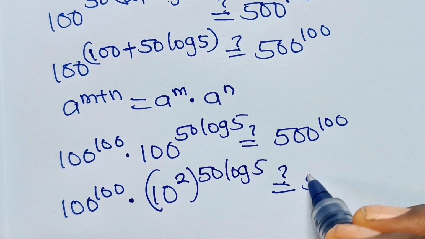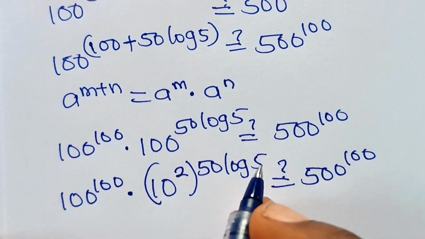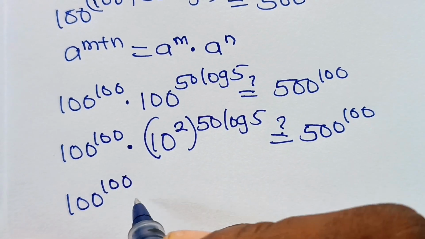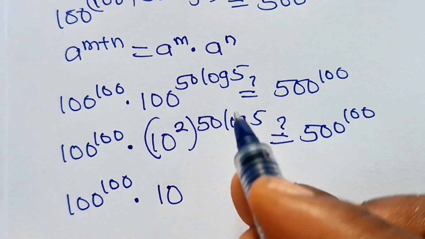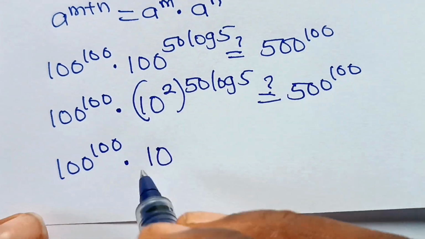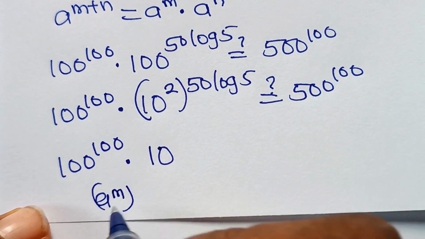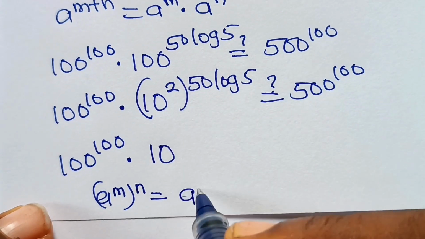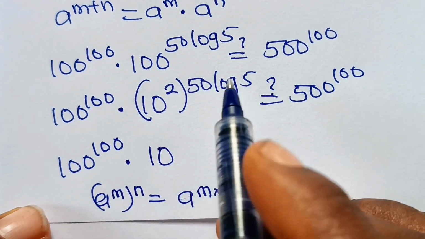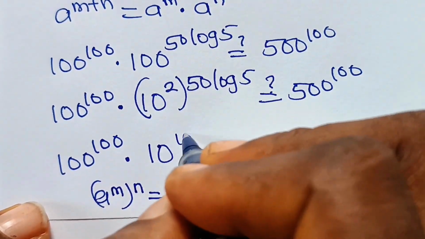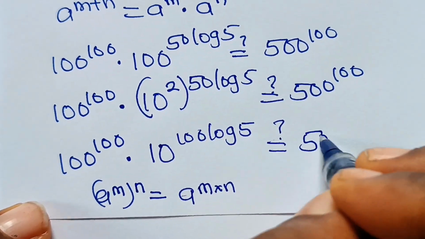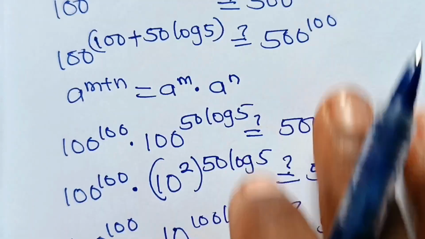Now 2 is going to multiply this, because remember that a raised to the power of m raised to the power of n is equal to a to the power of m multiplied by n. So this is going to be 10 to the power of 2 multiplied by this, which will give us 2 times 50 is 100 log 5. Now is this really equal to 500 to the power of 100?